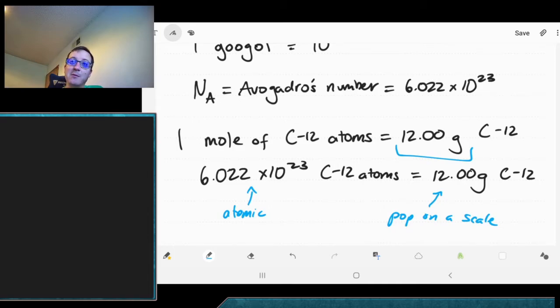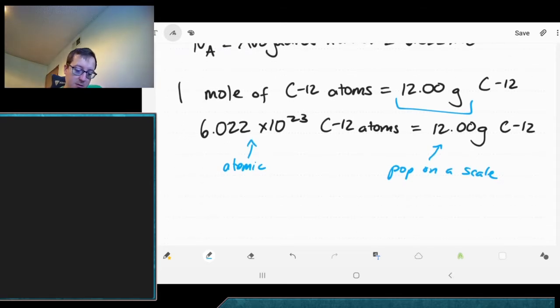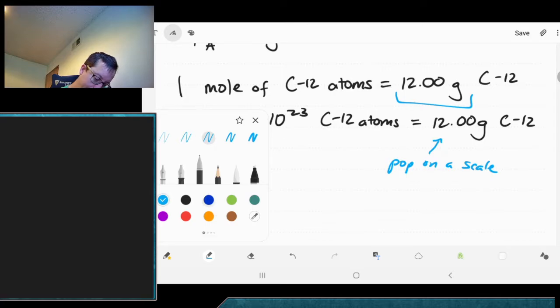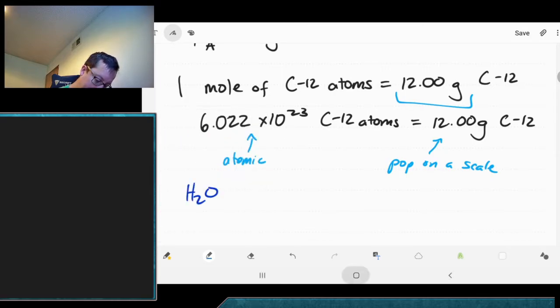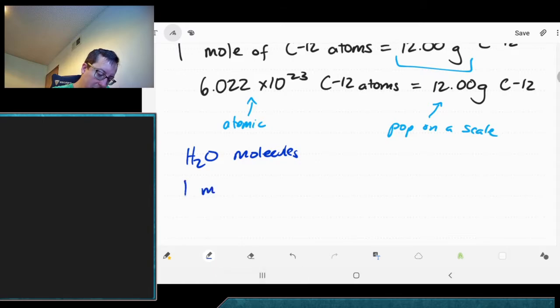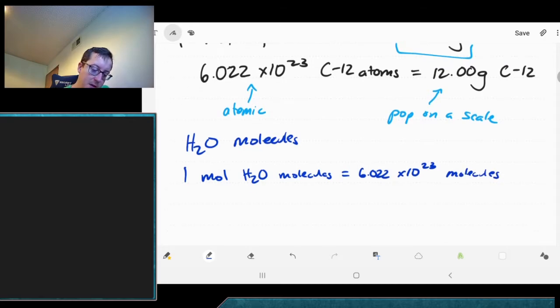And we're going to see it's going to be very important because if we're talking about, say, water molecules, we can describe this as well. We can say, well, we know that if I have 1 mole of water molecules, that's Avogadro's number of molecules.